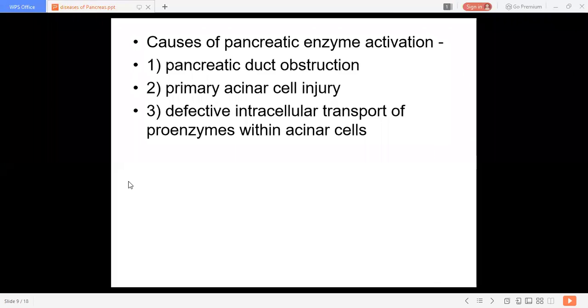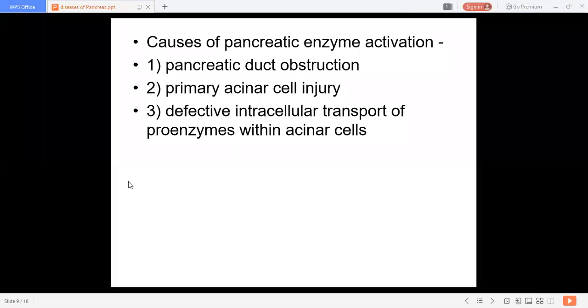Whenever there is release of these inflammatory mediators, like cytokines, TNF and PAF, they initiate local inflammation and interstitial edema.